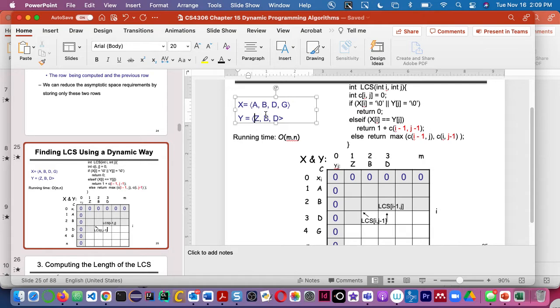Sequence means, for instance, b and b and d and d. Okay, there is a sequence. It is not required to be consecutive. Even if it is b c d a b c d like this, still it is a sequence. In this one we will find that the sequence is b and d.